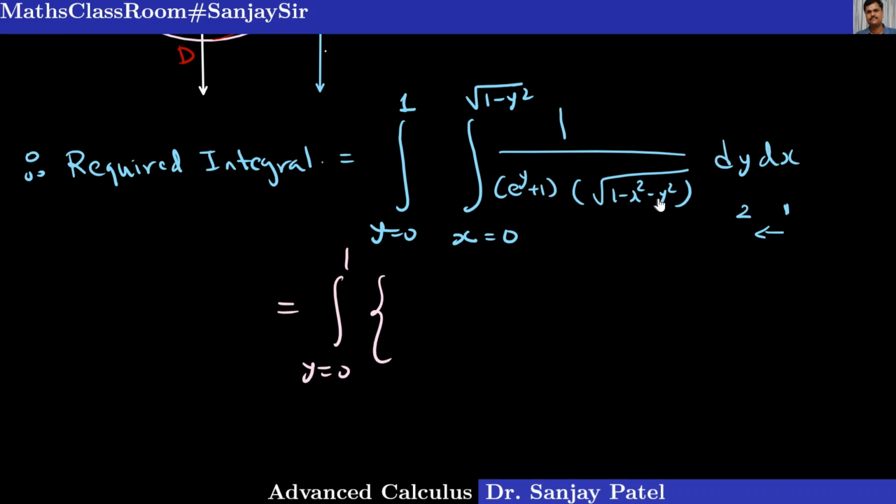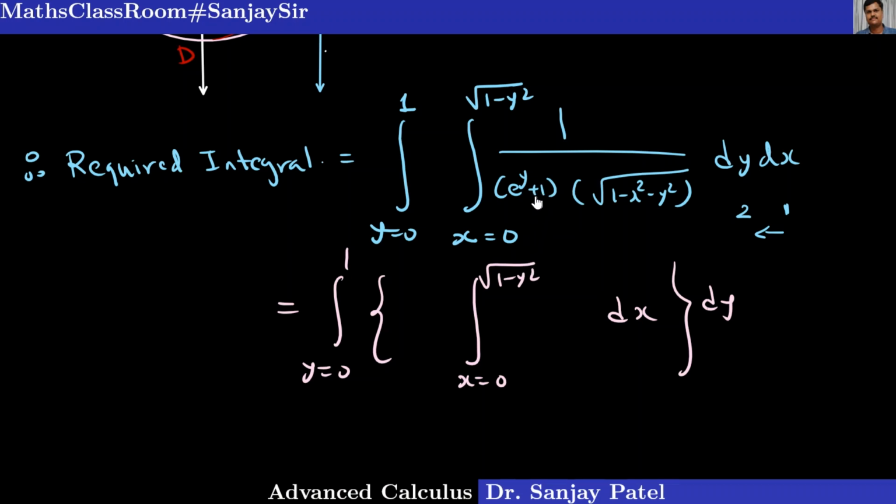Then when you integrate with respect to x first, this y is constant. Let me write here x equal to 0 to square root of 1 minus y square, and first we are integrating with respect to x and then with respect to y.